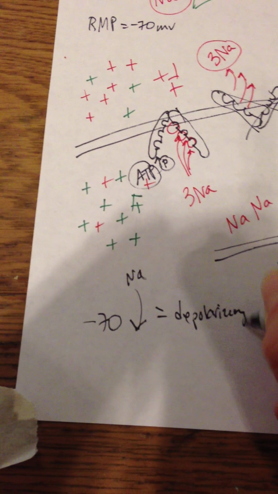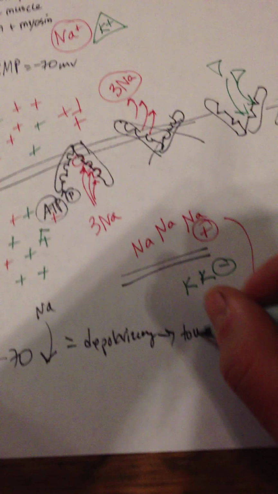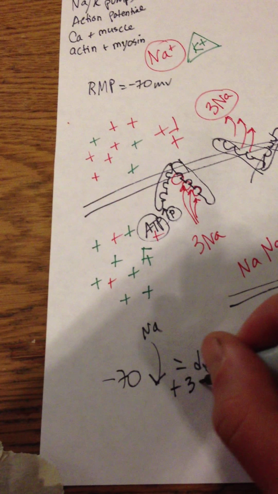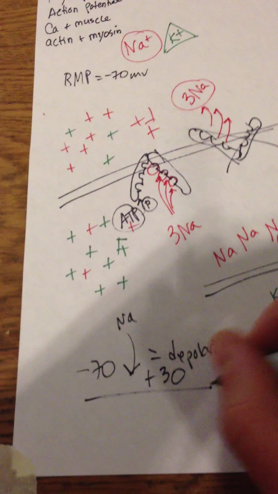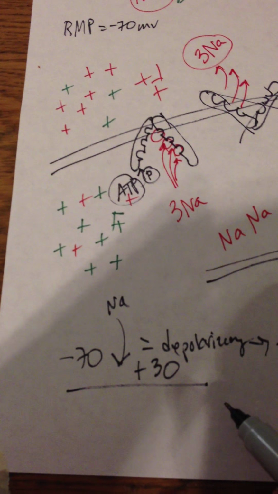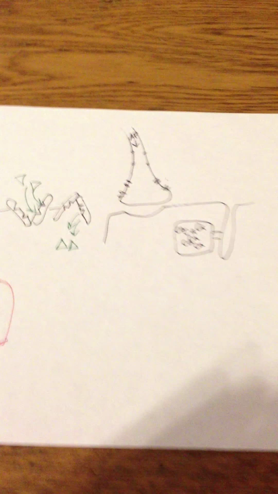When it gets to positive 30, then it stops, and then you get a refractory period, and then it repolarizes back to negative 70.